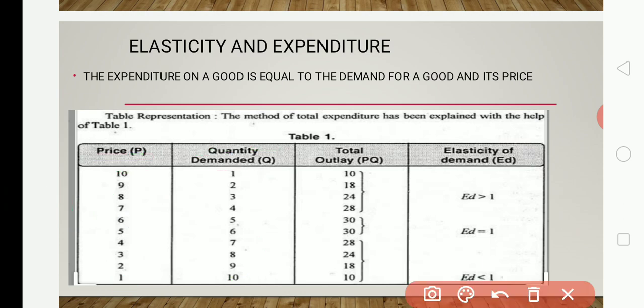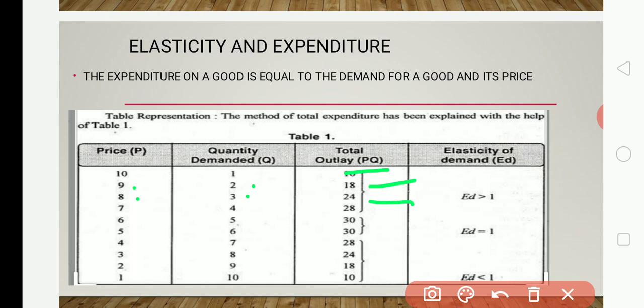Now the price is given, quantity demanded is given. We have to find out this expenditure. So this is the expenditure part. How to get the total expenditure, that is total outlay, by multiplying P into Q. If you multiply P into Q, you will get the total outlay. 10 ones are 10, 9 twos are 18, 8 threes are 24.